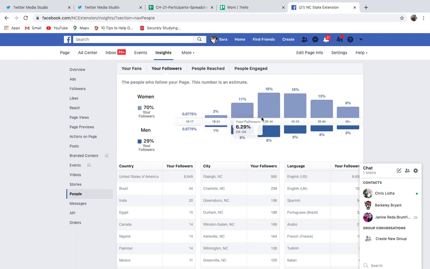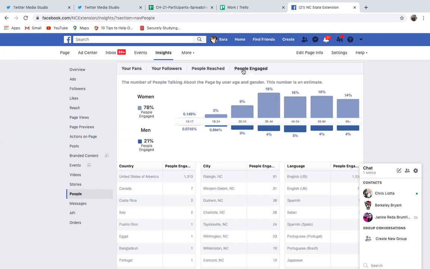And then you can also look at the age breakdown too. So you can see 35 to 44-year-olds is our top age demographic among followers. But it's also good to compare to the number of people who are engaging with your page, which again is 35 to 44-year-olds.